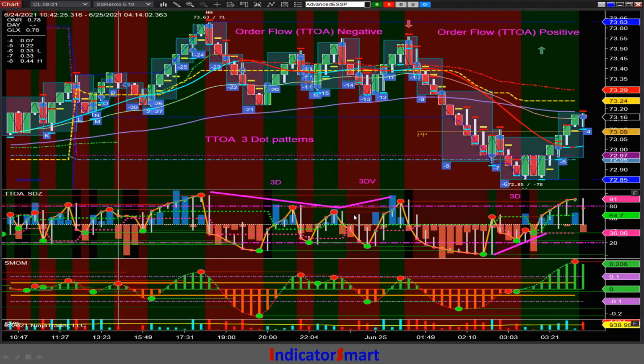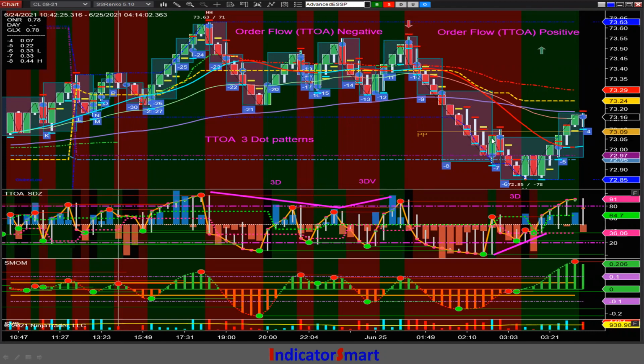When you break the right edge, the theory is that the participants that caused this to happen are still present, particularly if you didn't break this up here. Because these guys are still present, these guys are trapped. So this 3D pattern is an order flow momentum pattern, and this pattern 3DV is a continuation pattern to the prior one. And these guys over here that bought going up are trapped.